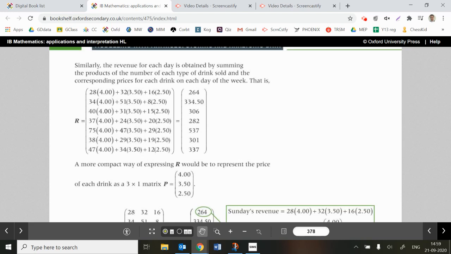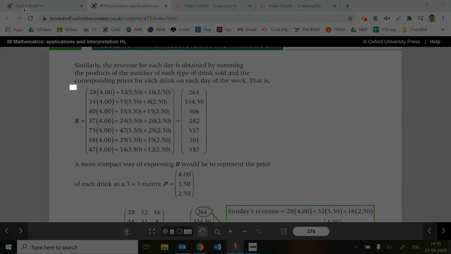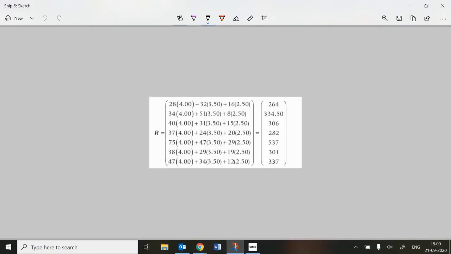And so they're saying, look, the 28 frappes which are sold on Monday, I think that was at the start, plus the 32 cappuccinos, plus the 16 iced coffees, if we times them each by their prices and add them together, we're going to get the total revenue for Sunday or Monday.